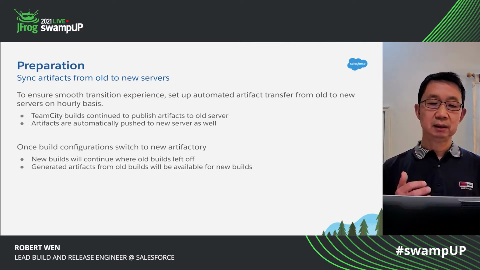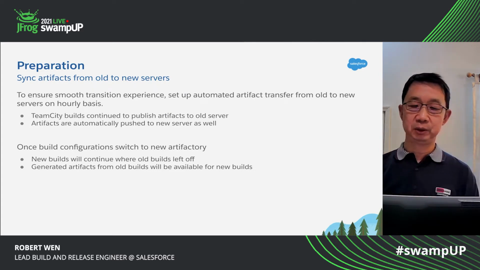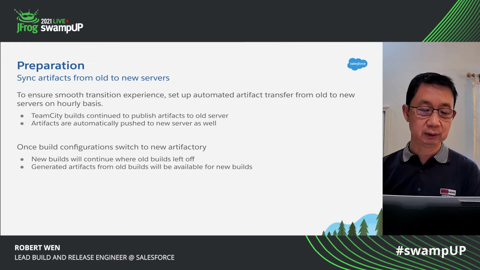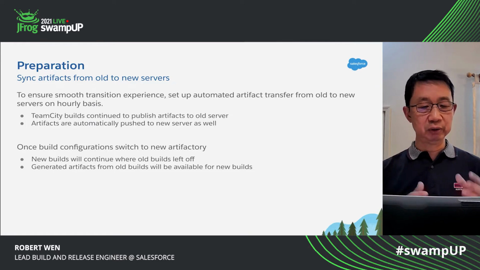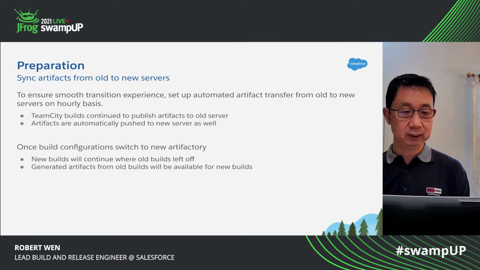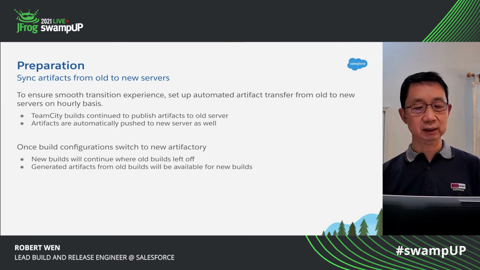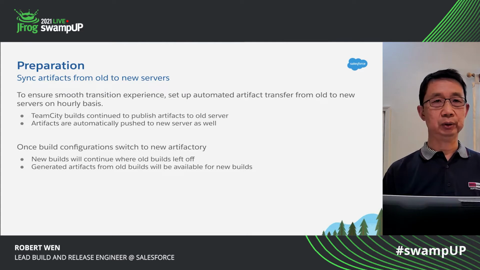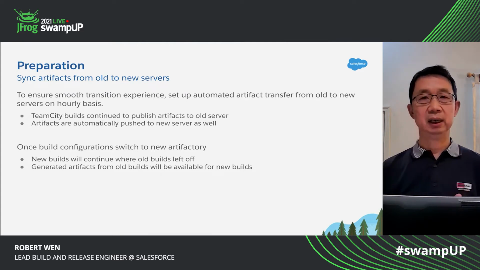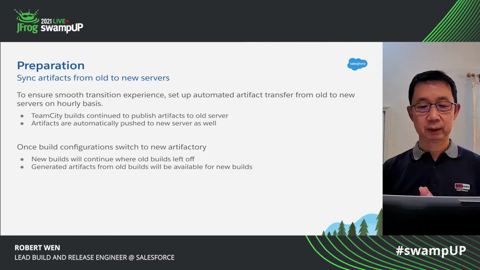So once the build configuration switches to the new Artifactory, all the new builds will continue where the old builds left off. By that I mean the artifacts generated from old builds will be available for new builds. So in this case, there shouldn't be any interruption. In fact, we did not experience any interruption.